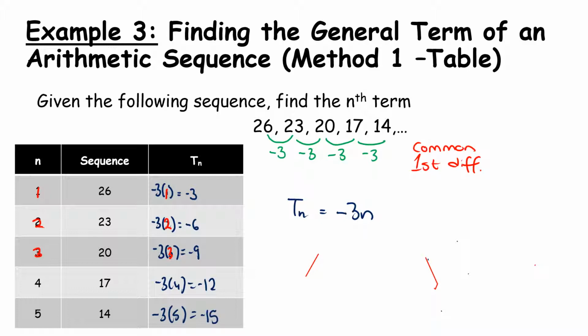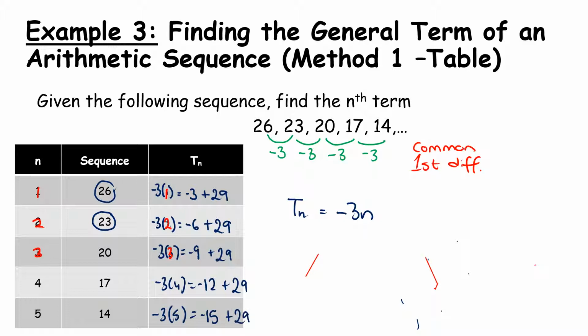Now, what correction will I need to add to each of those to get to my number? So I'm at minus 3, and what do I have to add to get to 26? In this case, I'll add 29. Now, when I look at the rest of them, I do the same thing. What do I add to minus 6 to get to 23? And it's 29. And what you should find is that piece remains constant.